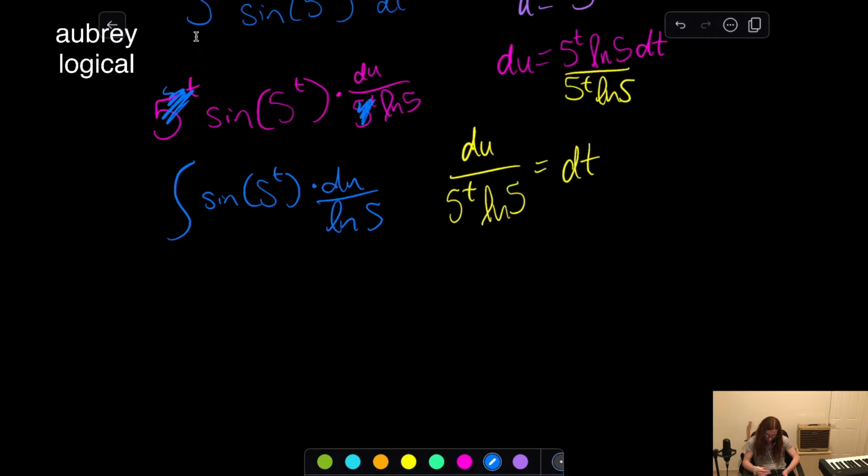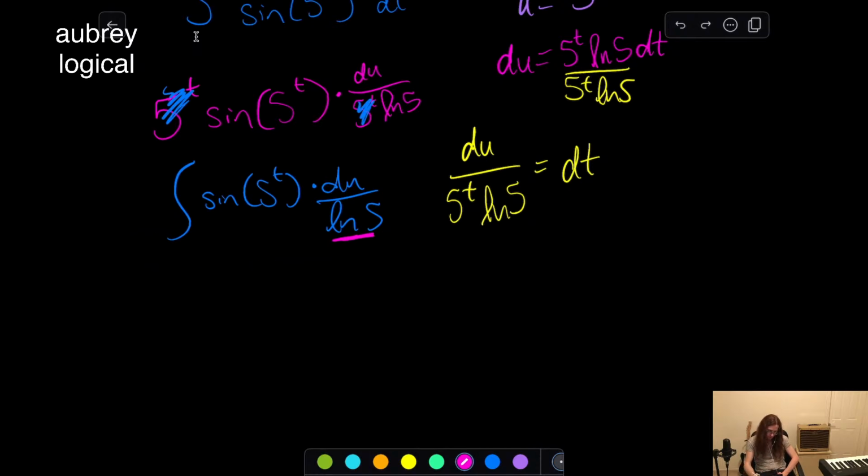So the ln of 5 looks like it would be a variable or something, but it's not. It's just a constant number. It's the same thing as saying a 4 or a 7. It's just a number. So we are able to take constant numbers outside of the integral.